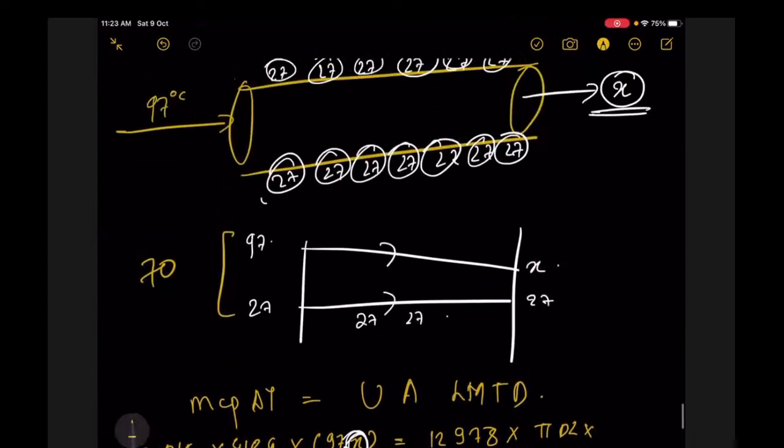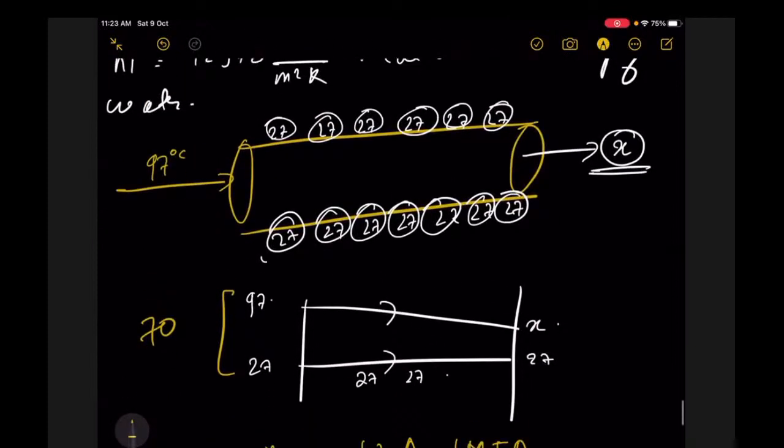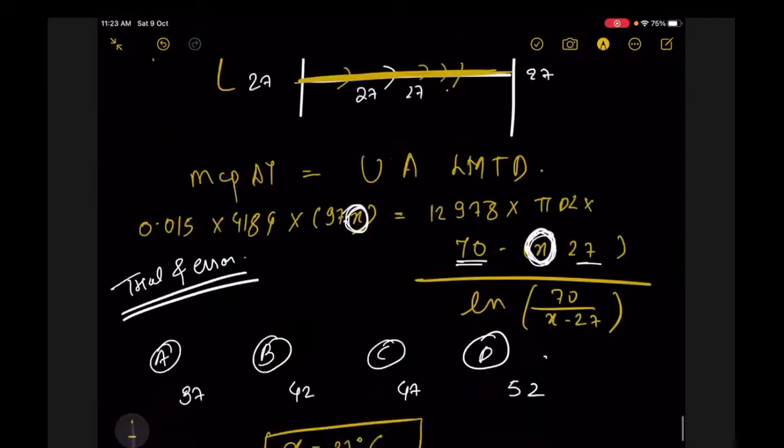The most important thing is that whenever one temperature profile is constant, you don't need to worry about the LMTD of counter current or co-current, because most students get confused about which LMTD formula to use, counter current or co-current. You have to remember this. GATE has tested this so many times.